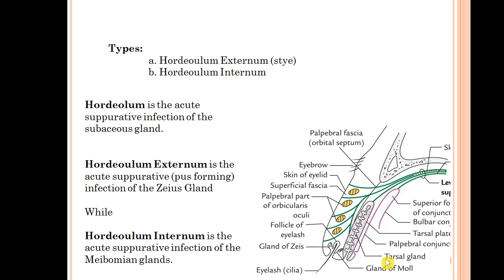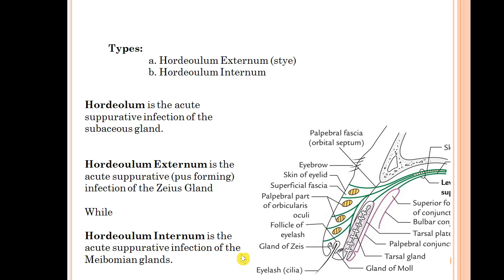Of these, the meibomian gland as well as the gland of Zeiss are the sebaceous glands. Now we have two types. In the Hordeolum externum, there will be infection of the Zeiss gland, the external gland. So the Zeiss gland infection will give us Hordeolum externum, whereas the infection of the meibomian gland will cause the Hordeolum internum.